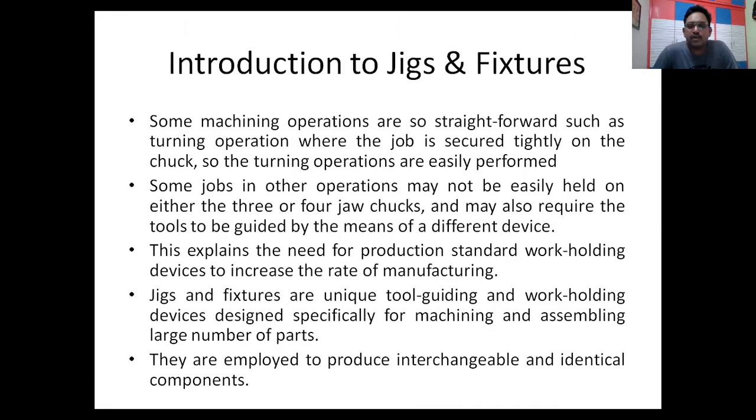They are employed to produce interchangeable and identical components. Yes, identical quantities, the same parts if you want to make. Therefore we need these jigs and fixtures, and also interchangeable, which can be changed very easily.